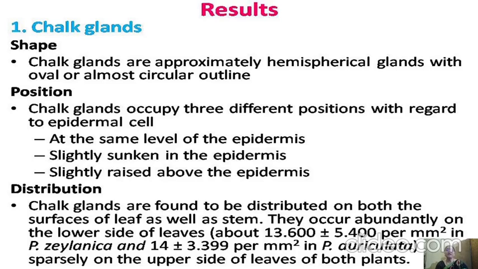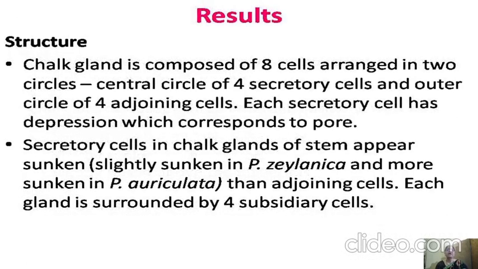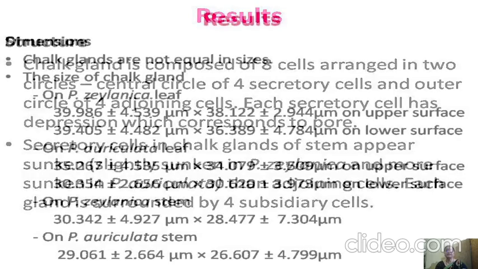They occur abundantly on the lower side of leaves and sparsely on the upper side of leaves of both the plants. A chalk gland is composed of 8 cells arranged in two circles, a central circle of 4 secretory cells and an outer circle of 4 adjoining cells. Each chalk gland is surrounded by 4 subsidiary cells.